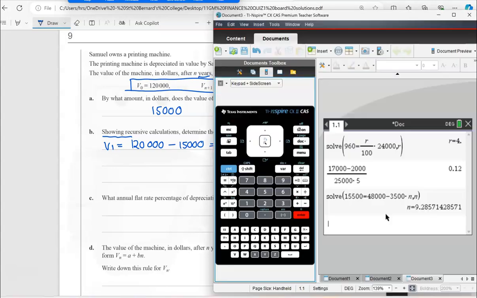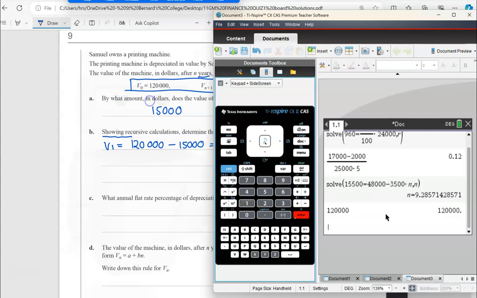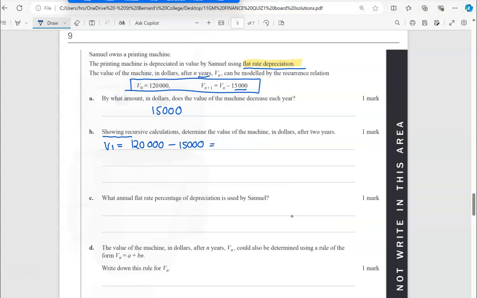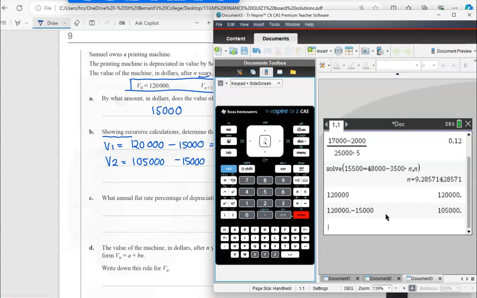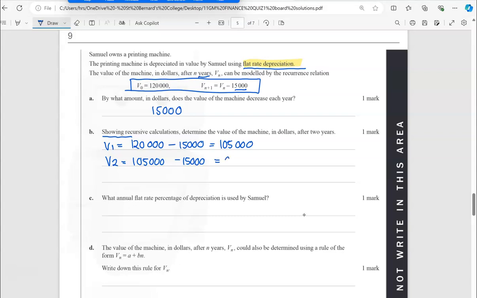So even if you want to just quickly do it on your calculator recursively, you've got 120,000, press enter, you're going to minus 15,000, so you get 105,000, and then you go V2 equals the one before, so it's 105,000 minus 15,000 and equals, what does that equal? So you can always just keep pressing enter, so you get 90,000.